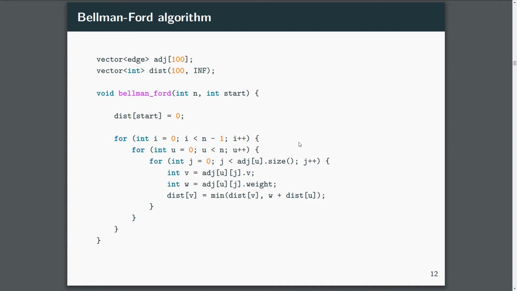Since you can get from every node to every other node in n-1 steps. So you only need n-1 steps to calculate the correct value. And then if you add another step, the only way that would decrease the value of a node is if there's a cycle which you can take which reduces the distance.